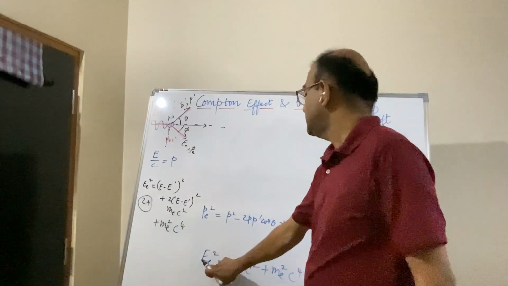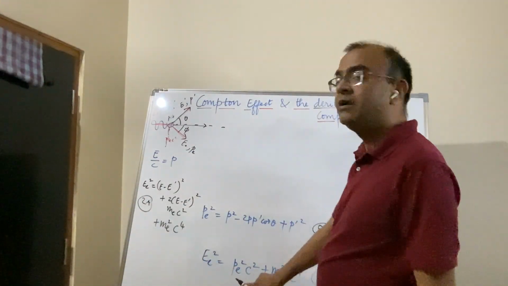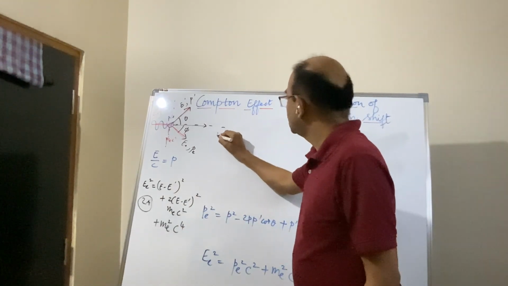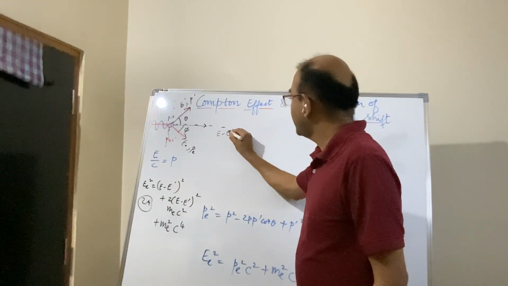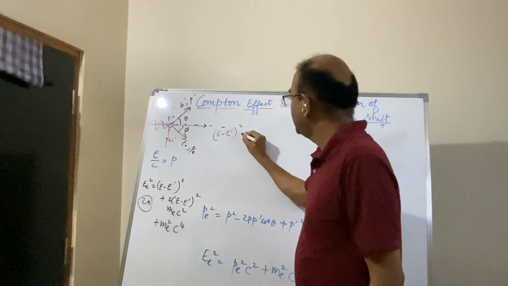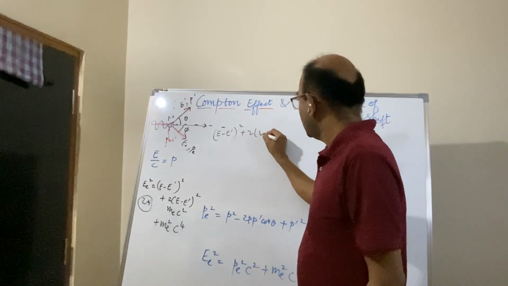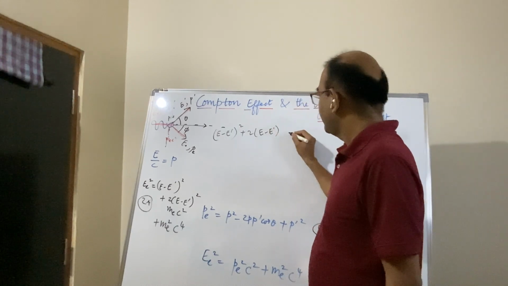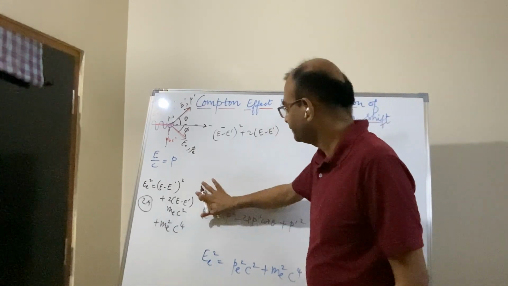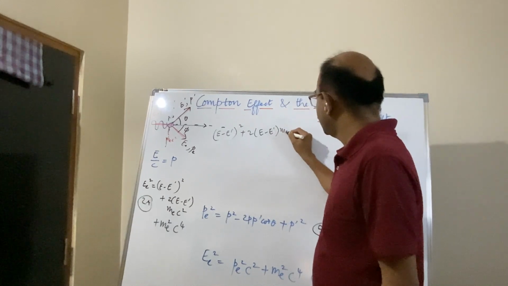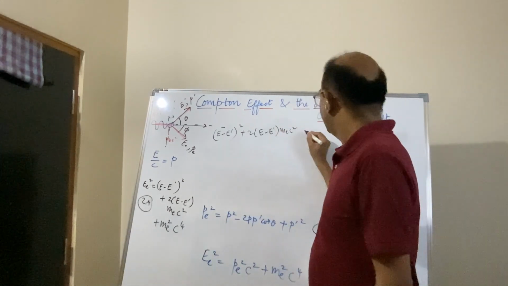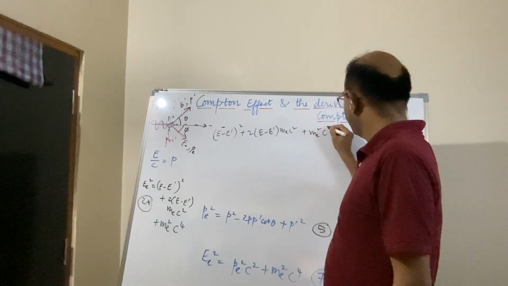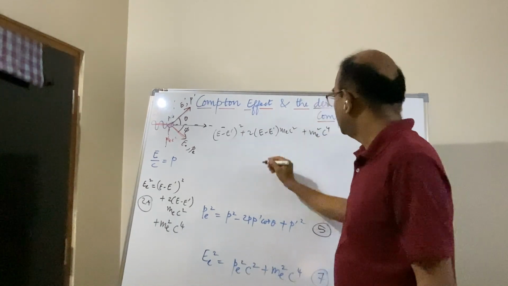So this equation, E squared, is equation 7. On the left side is E squared, so I'm going to take this whole thing here: E minus E prime whole squared plus 2 times E minus E prime times MEC squared plus ME squared C power 4 on the left side.